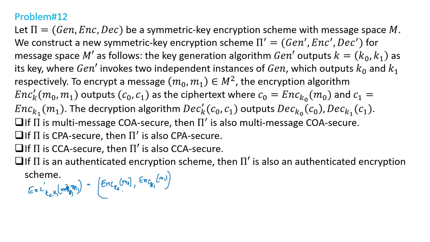If from this you are able to get any extra information about the underlying messages m0 and m1, that would imply that the basic encryption scheme pi is also not satisfying the multi-message CUA security or CPA security.